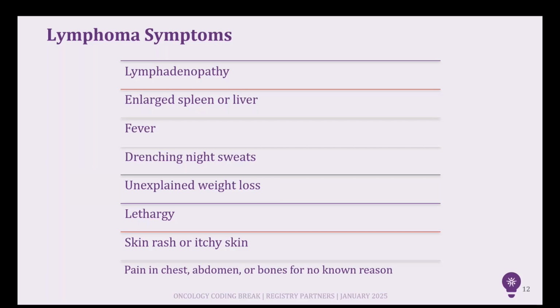Less than 10% of your body weight lost without changes in your diet or exercise. Lethargy, which is an unusual fatigue that doesn't improve with rest. Rashes or persistent itching, or unexplained pain in areas like the chest, abdomen, and bones. So just like the risk factors we talked about, these symptoms can also be caused by other conditions.